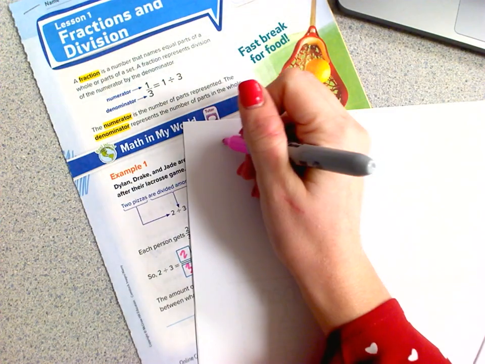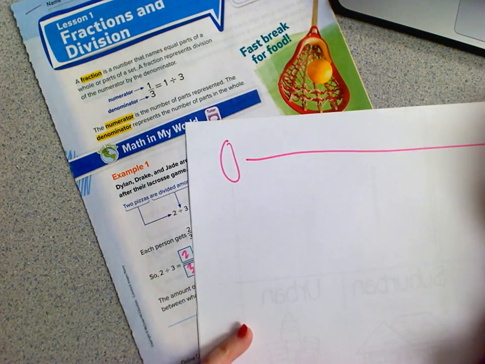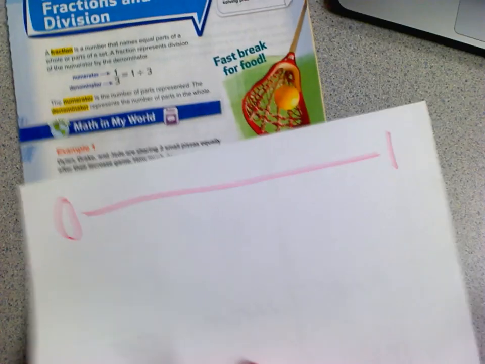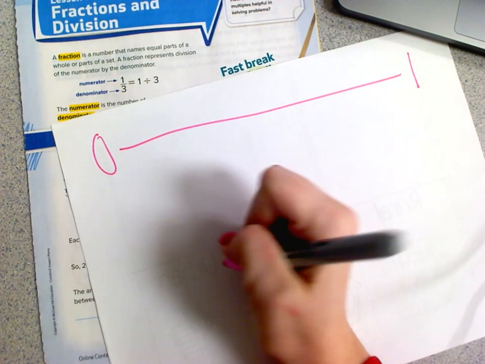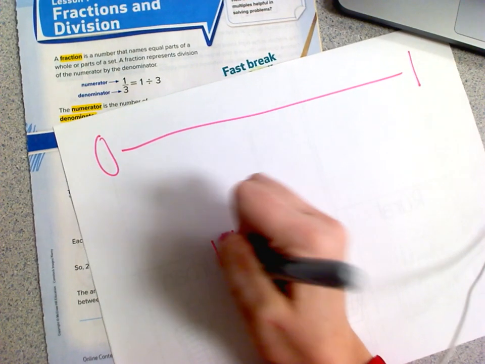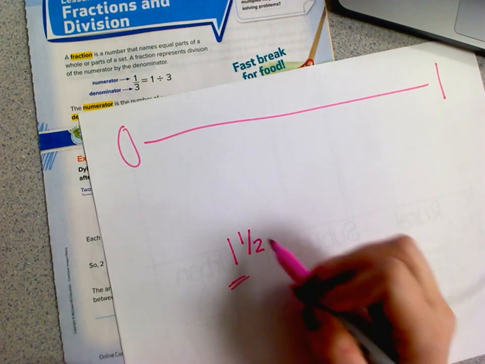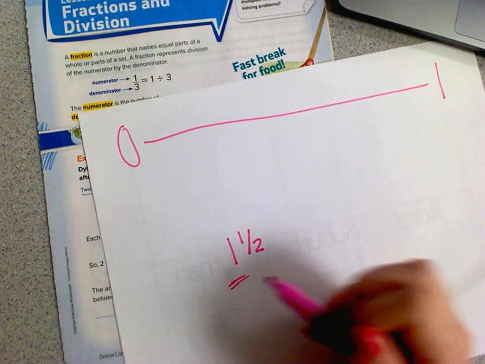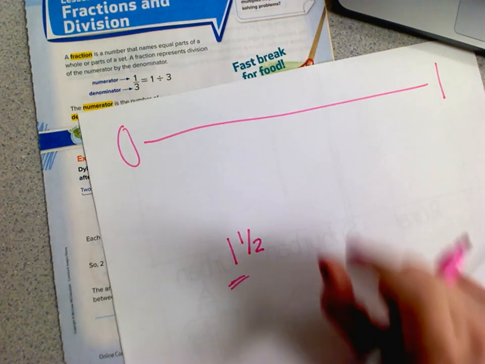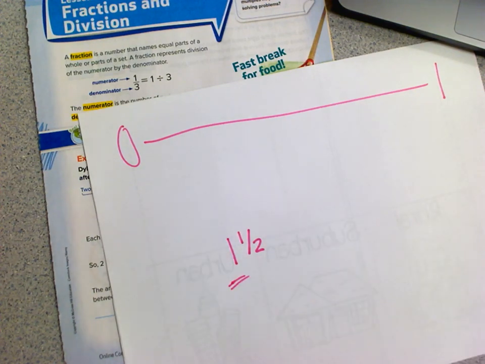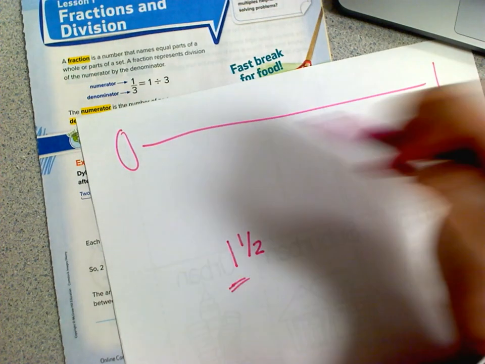Well, if I was looking at a number line here, if I don't have a whole number in front of my fraction, like if I don't have this 1 when I have 1.5, then that means my number is a fraction. It's not a whole. So it's between 0 and 1.